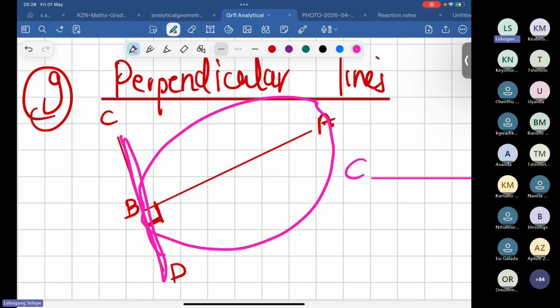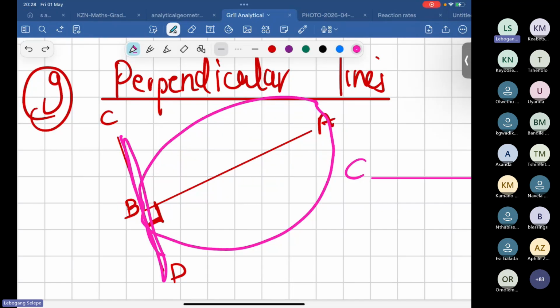So if you can calculate the gradient of the radius or the diameter, automatically you will have the gradient of the tangent, because the tangent and the radius are always perpendicular.